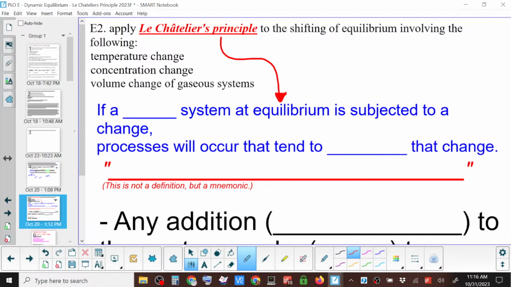What kind of system would we have an equilibrium in? Closed. If a closed system in equilibrium is subjected to a change, processes will occur that tend to counteract that change.